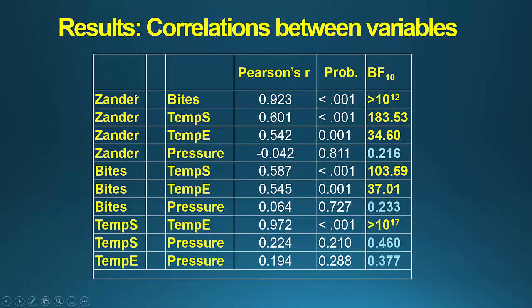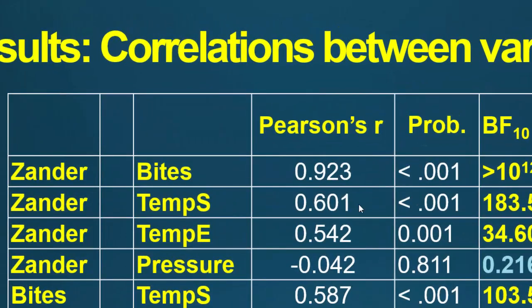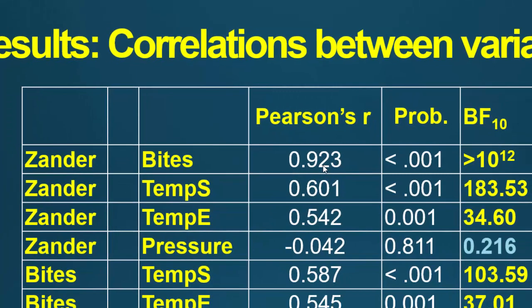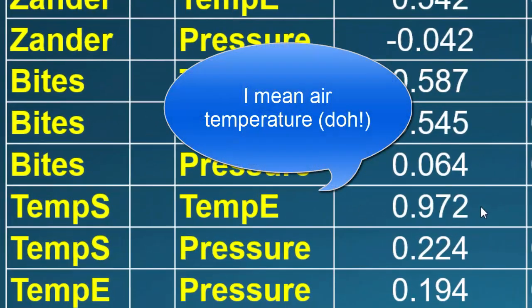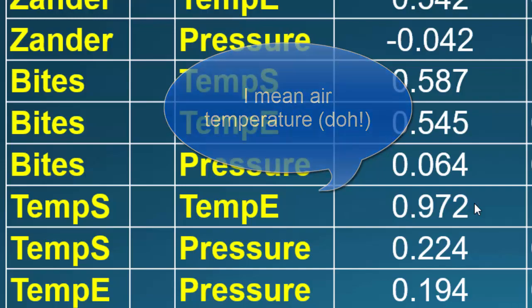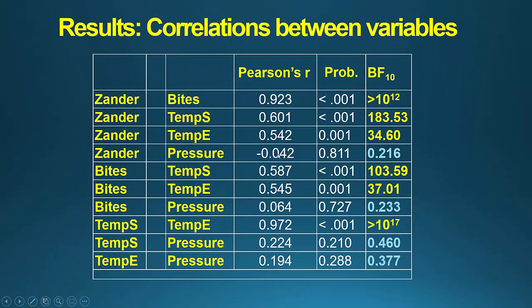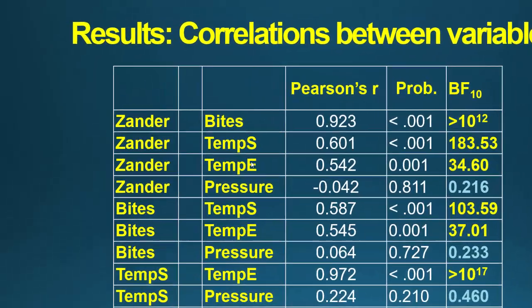So we can see at the start, Zander and bites are very highly correlated. The more bites I had, the more Zander I caught per rod per hour, almost perfectly correlated. Similarly, the air pressure at the start and the end are almost perfectly correlated. If it was a cold evening and night, it remained cold by the end. But our key bits of interest are the correlation between Zander and temperature.